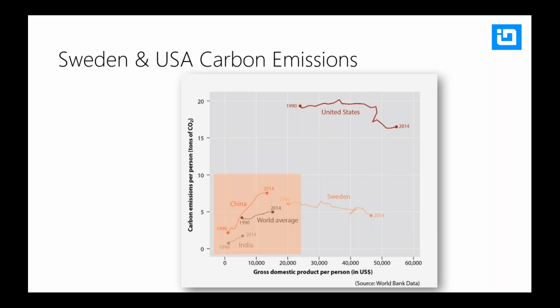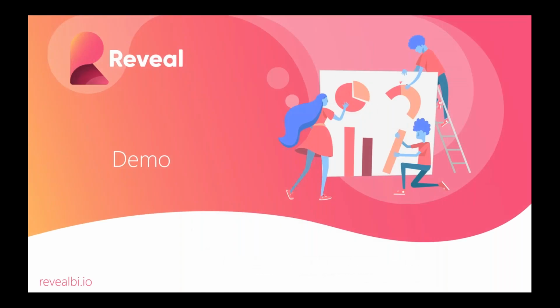So you have to know, am I trying to tell a story about the US lowering, China going higher, or the world average kind of leveling out so it's a good story? Again, using best practices, not being dishonest with the chart visualization, will help you ensure that you're telling the right story.